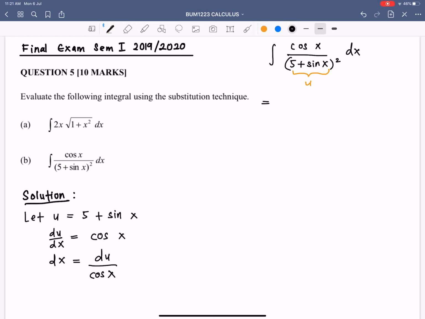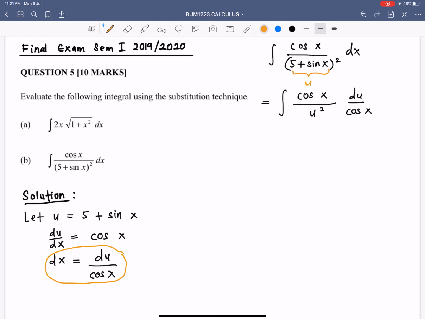Therefore, this is equal to the integral of cos x over u squared. And then we know that dx is equal to du over cos x. So du over cos x.